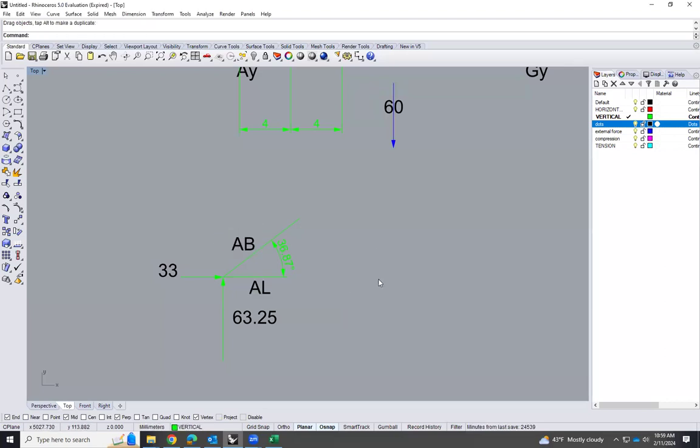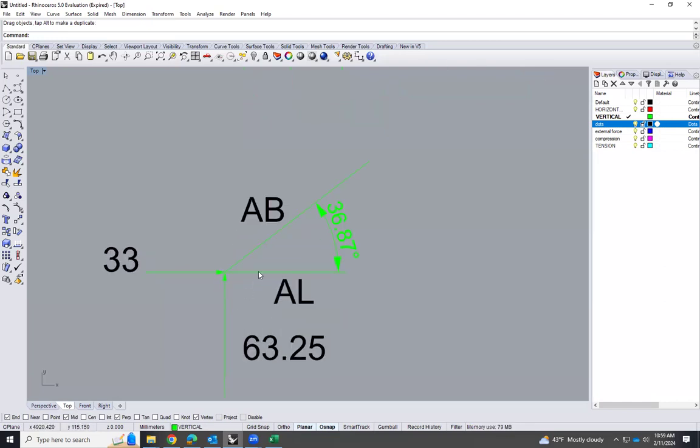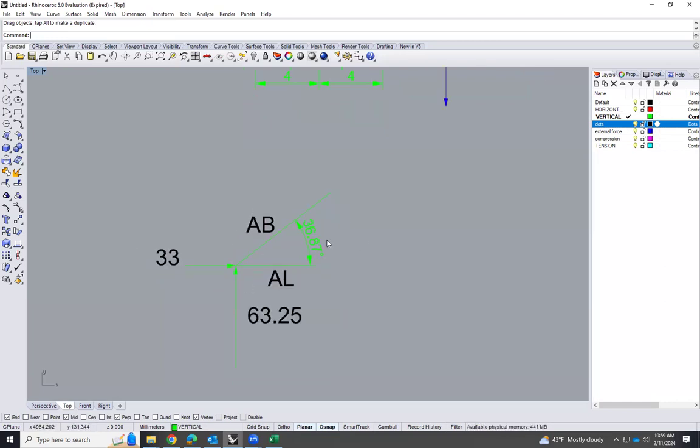And now we have to make a guess about the directions of these. So here we have something going up. So most likely AB has to go down. So I'm going to make the assumption that AB is going down. And if this goes down and this goes here, yeah, I think I'm going to make the assumption that AL will go in this direction.